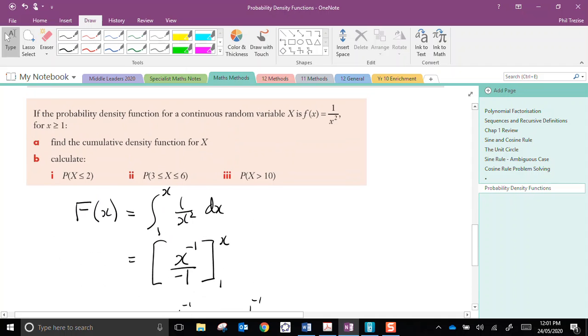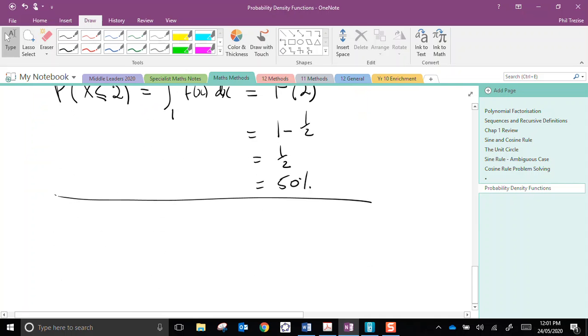Now, as an exercise, you could do these other ones. The value from 3 to 6, well again, if we had our function that was drawn, remember it went something like this.